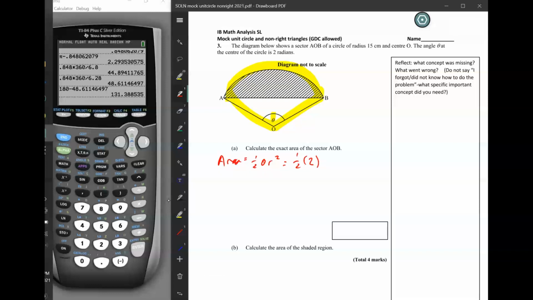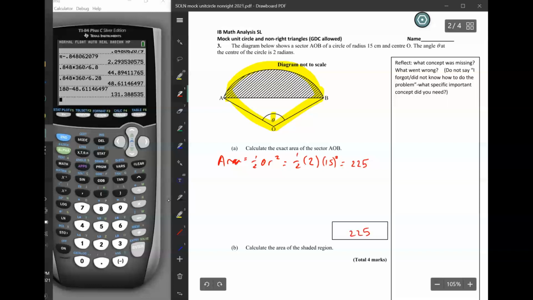And the radius, do we know the radius? Yeah, we do, it's 15. Okay, so 1/2 times 2 is 1. 15 squared is 225. So the area is 225. And that's it for A.